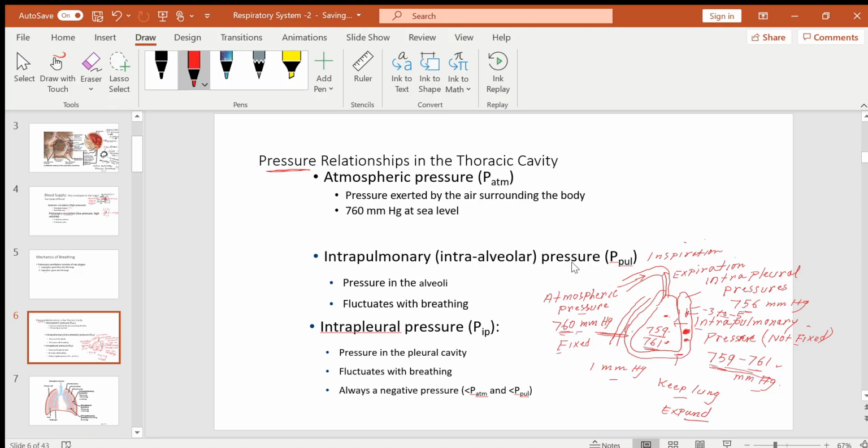Outside of the body you see the pressure is 760 millimeter of mercury, right? And intrapleural pressure is 756, you know that. So the air will suddenly move from outside to inside because of that 4 millimeter of mercury pressure.